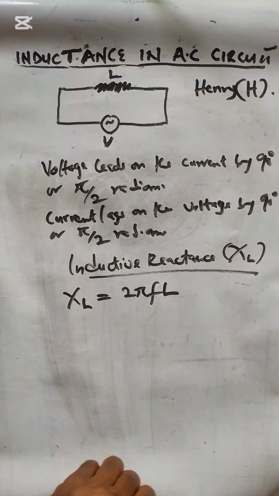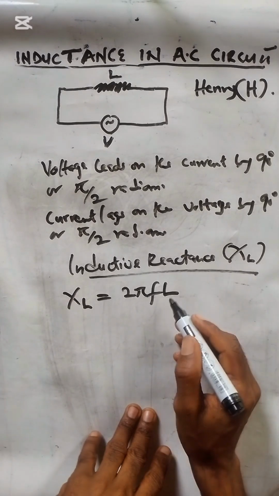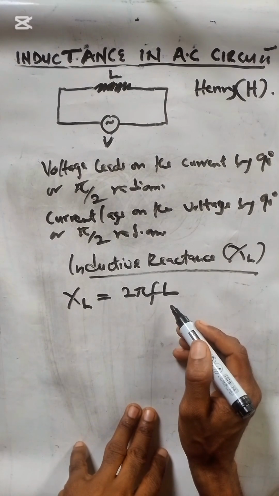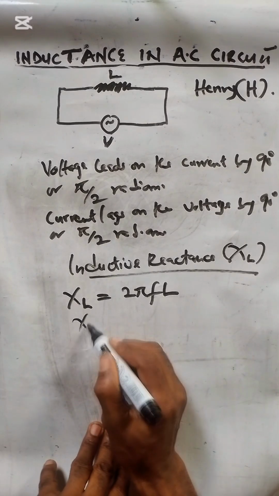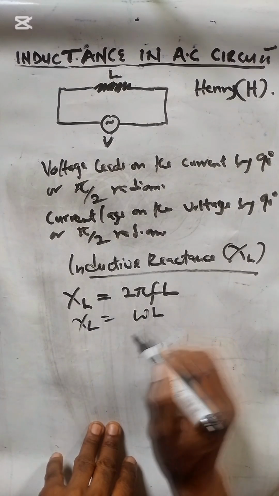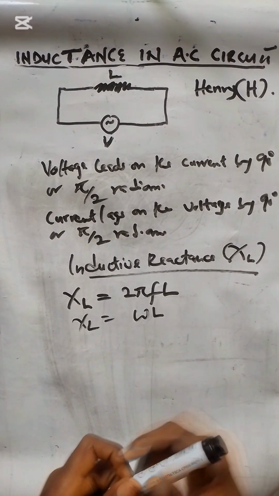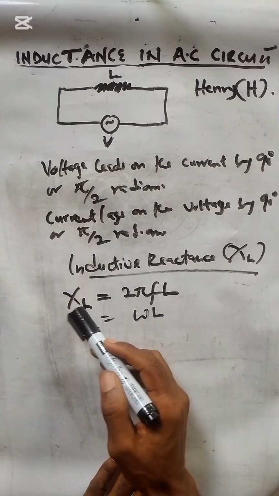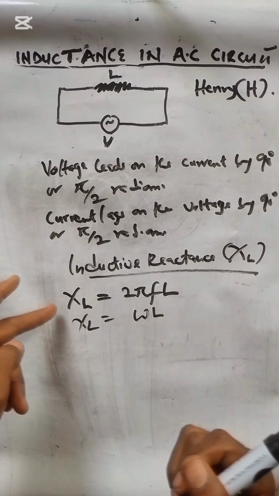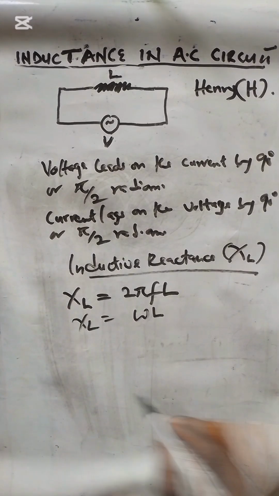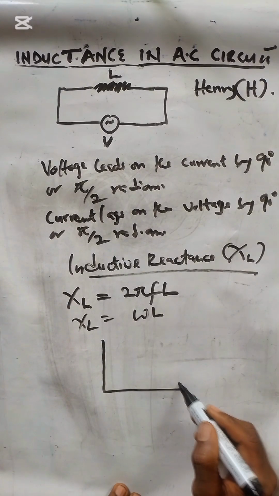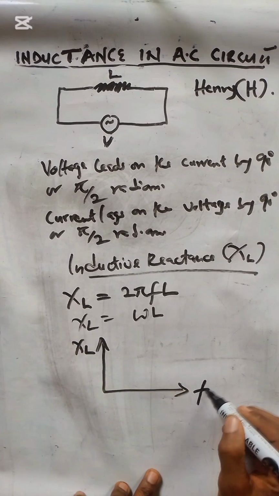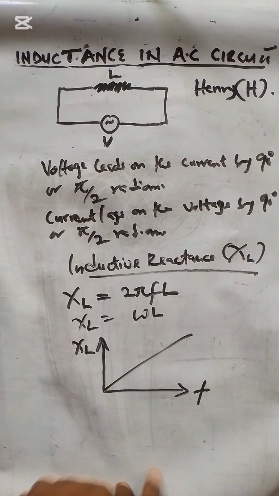Take note of that. Where L is your inductance measured in Henry. This is also X subscript L is equal to omega L. You can see that the frequency is directly proportional to the inductive reactance. When you plot inductive reactance against frequency, you have a straight line curve.